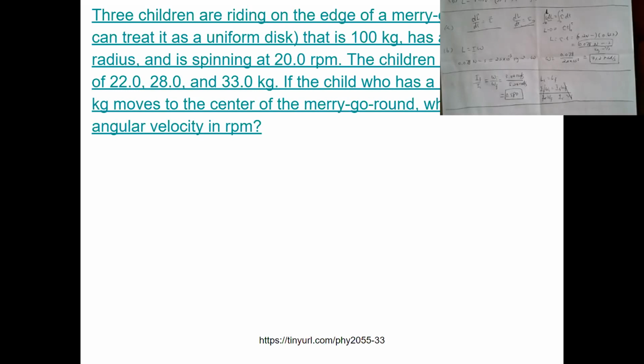If the child who has a mass of 28 kilograms moves to the center of the merry-go-round, what's the new angular velocity? During the process, the moment of inertia of the system changes. You have to treat the merry-go-round and the three children as one system, initial and final. Initially the children are on the edge. For the final state, one of the children has moved to the center, which changes the moment of inertia. I will have you give it a try, and we can take a look at this one together in a few minutes.